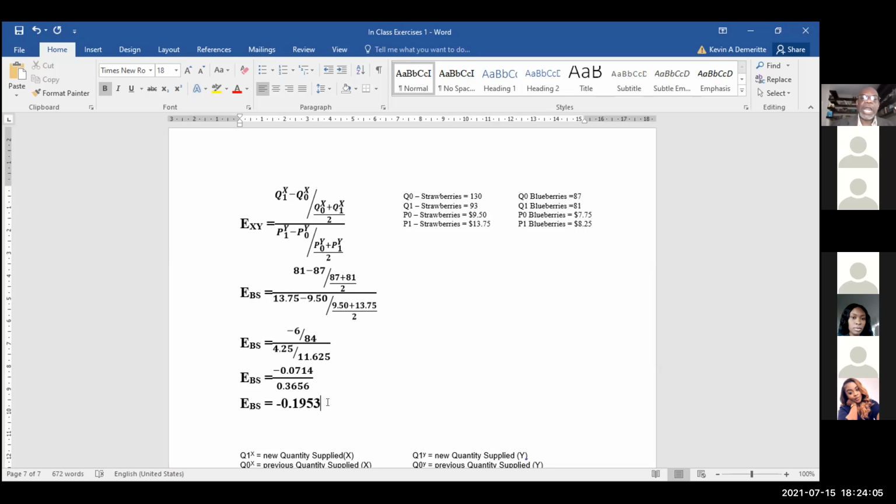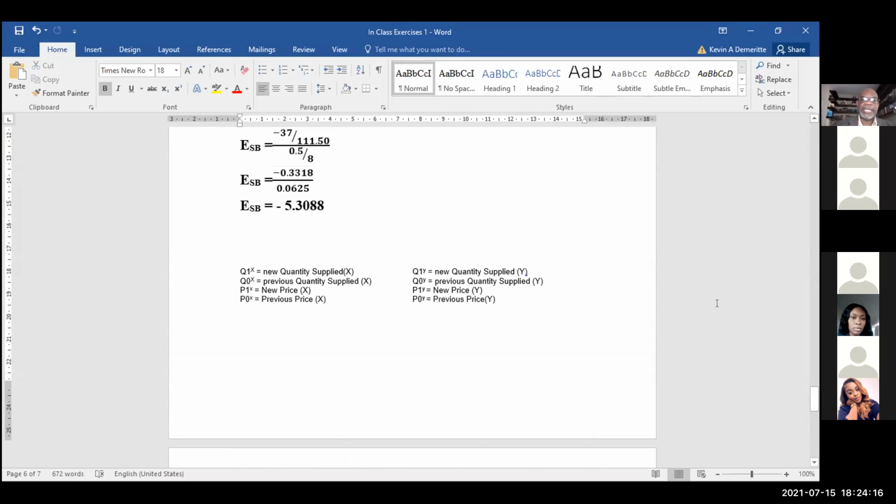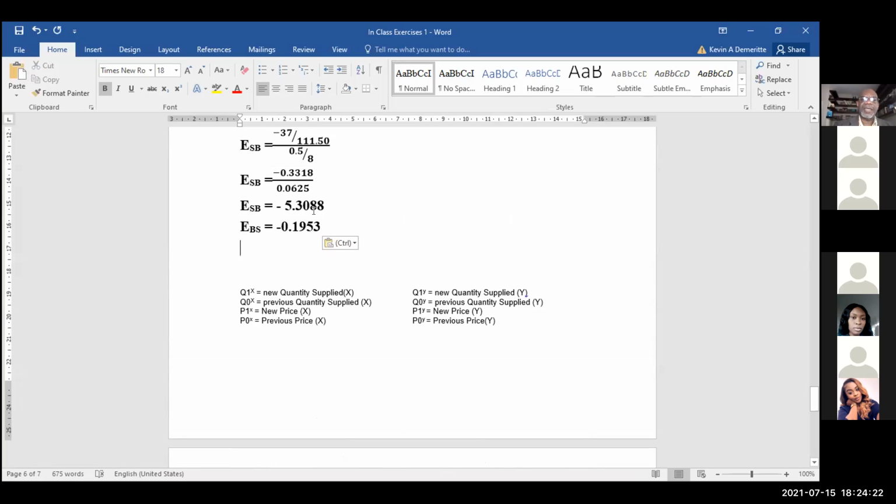But look at the two answers. Let me copy this and paste it up here. Look at the two cross price elasticities.